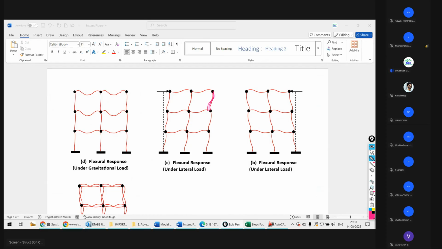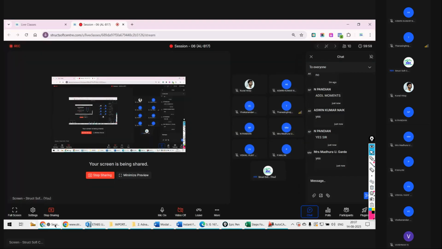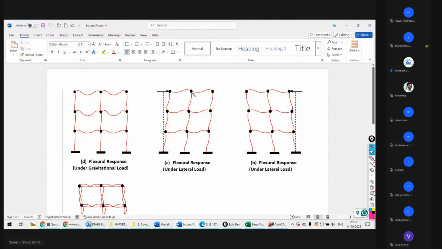Each individual column is deflected. Yes, हर एक individual column, हर एक individual beam, it is also flexurally going to respond, it is going to be deflected. So this is called big delta, p big delta, and p small delta.